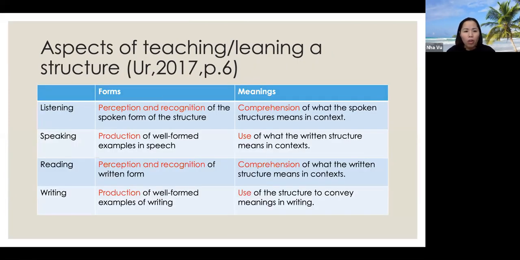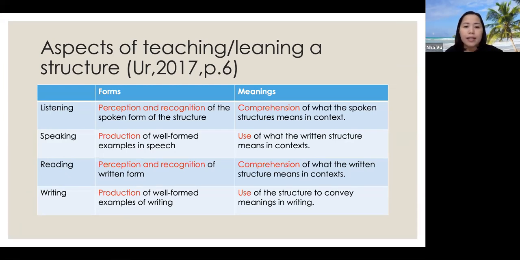And another author also looks at grammar as for meaning making. It is not grammar for its own sake. So how can we look at grammar in different types of skill? This one also goes back to Pena, and she says we can look at the forms and the meanings of a grammar structure in 4 different skills, and our focus and our meanings may be different.